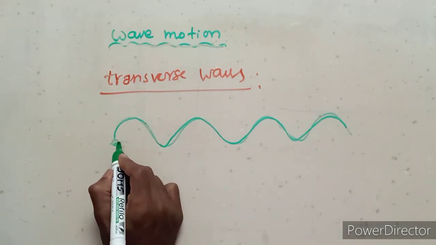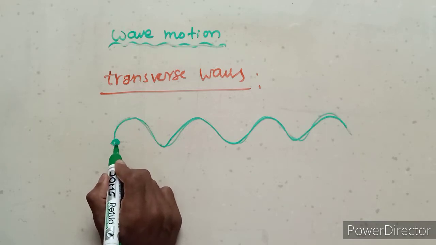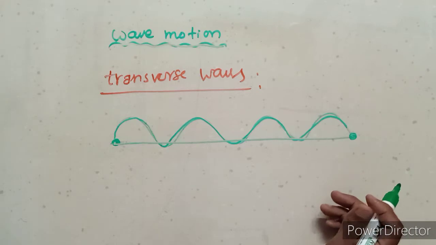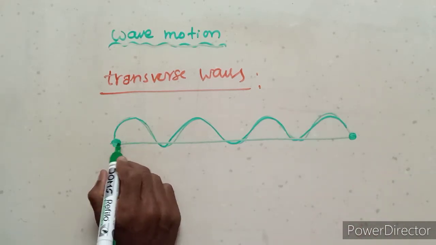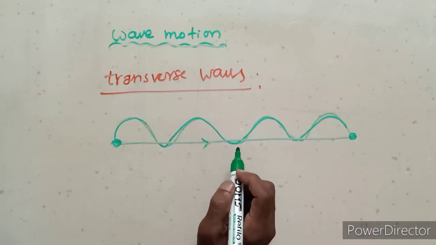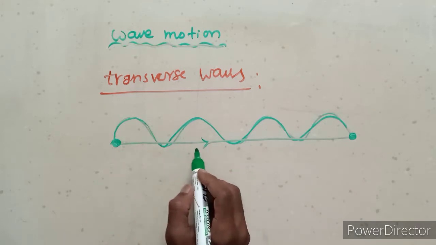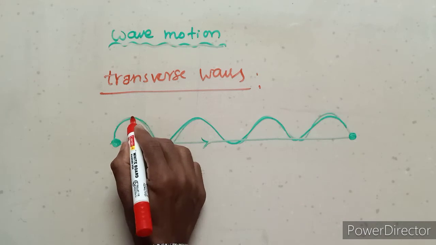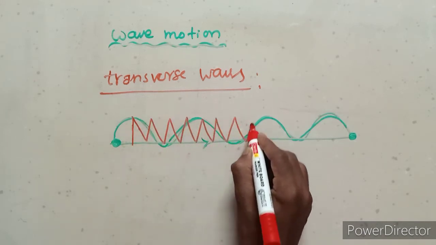Then energy is transferred from this point to this point. So the direction of the energy transfer is this direction. Then the oscillations are perpendicular to this direction, up and down, up and down.